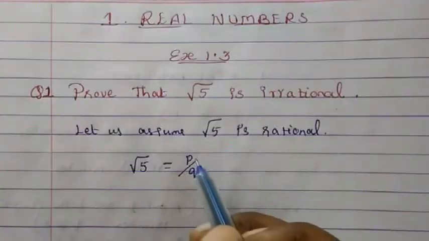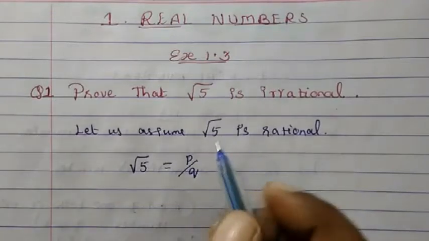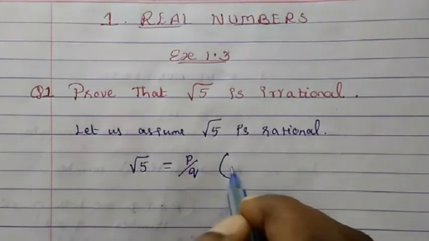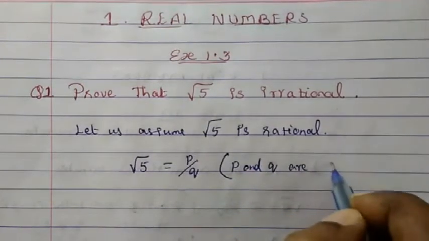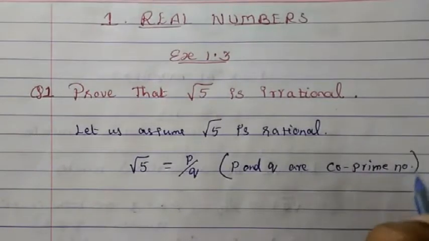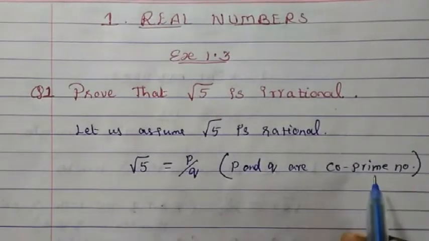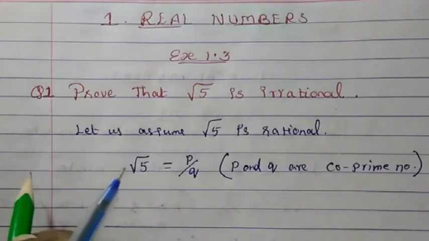In your textbook, it gives a upon b. I'm just writing p upon q. You can write a upon b also. That's no problem. Where p and q are co-prime numbers. I already explained to you in theorem 1.4 what a co-prime number is. Again, I am explaining: co-prime numbers means the numbers that you cannot divide further.